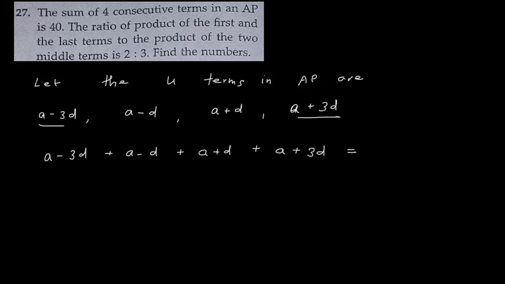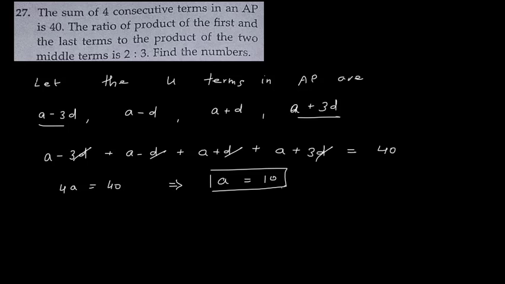The sum of these four terms is given as 40. Now you can see the minus 3d and plus 3d cancel, and plus d minus d cancel. So here we have 4a. 4a is equal to 40, and this gives me the value of a as 10. So the value of a is 10.